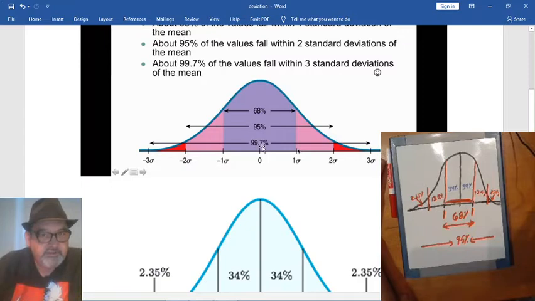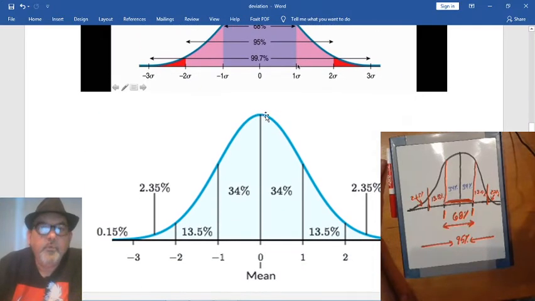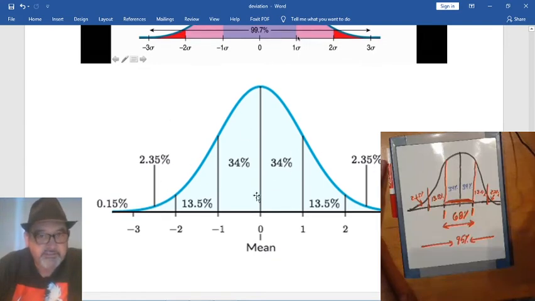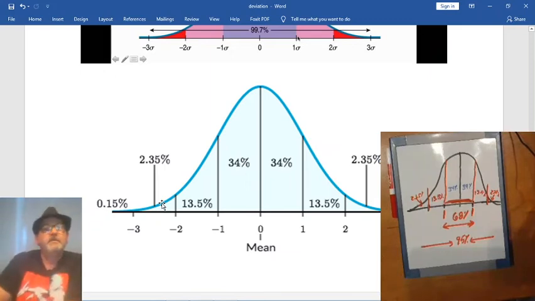Three standard deviations is 99.7. When you break all of those in half, you can see what the percentages are here in this graph. So I know that my first standard deviation away from the mean totals 68%. So when I divide that between the lower standard deviation and the upper, it's going to be 34% because that's 68 divided by 2. Same thing for the second standard deviation, same thing for the third standard deviation.